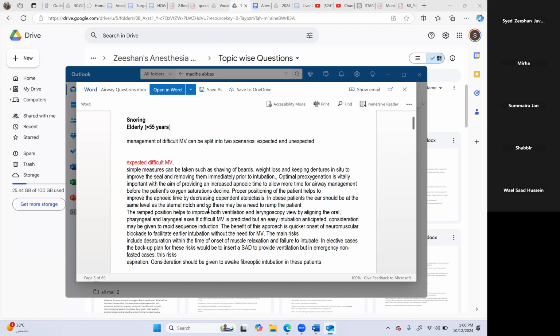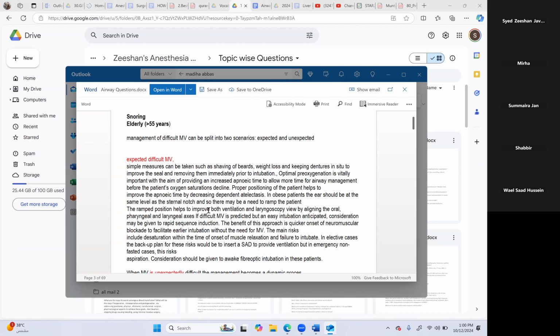Okay, so what can help you out? You can do proper pre-oxygenation. And there is another confusion about pre-oxygenation. When we think we are doing pre-oxygenation, we just put the mask on and ask the patient to breathe normally. Believe me, it will not cause pre-oxygenation, no matter how long you leave it there.